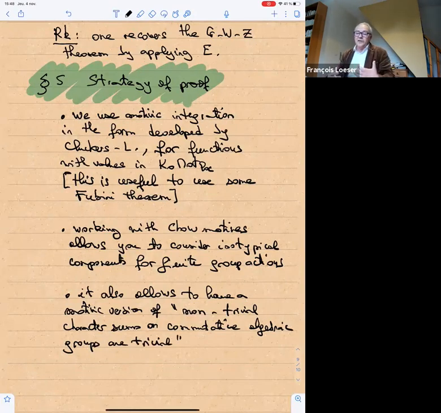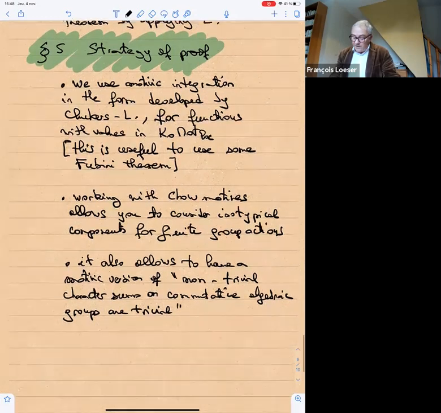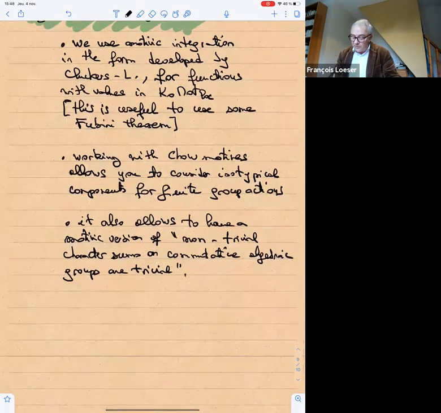When you do point counting over a finite field, this is useful. As I mentioned before, it lets you compare two integrals which have to be 0. And such a statement holds at the level of Chow motives.